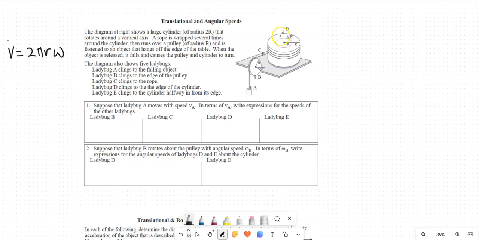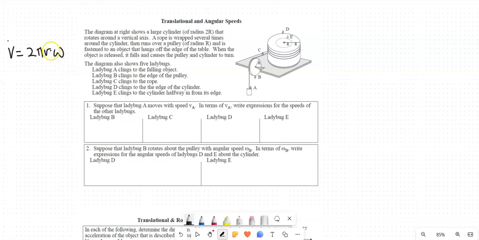Again, if this is spinning at the same rate on a record player, all points are spinning at the same rate. So you would find out that ladybug E and ladybug D are turning at the same rate. However, their linear velocities are going to be a little bit different. Okay, so their linear velocities are based on their radius.